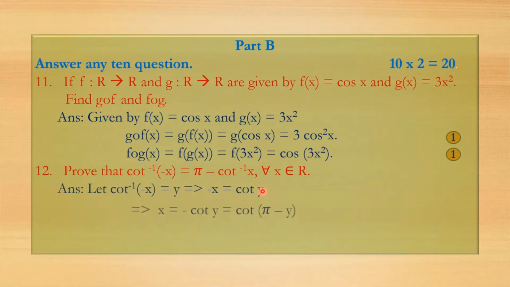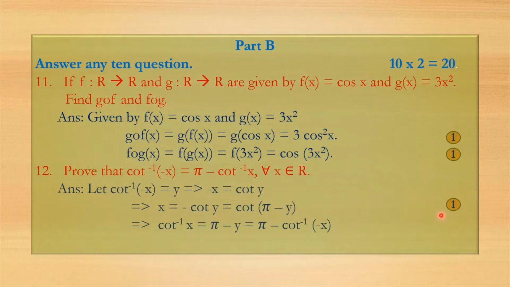So next, x is equal to minus cot y. That minus sign I have taken to the right side. Next, minus cot y can be written as cot of pi minus y. Dear students, we know cot of pi minus y is nothing but minus cot y, correct? So I have written it in this way. For this you will be getting 1 mark. Up to this you will be getting 1 mark.